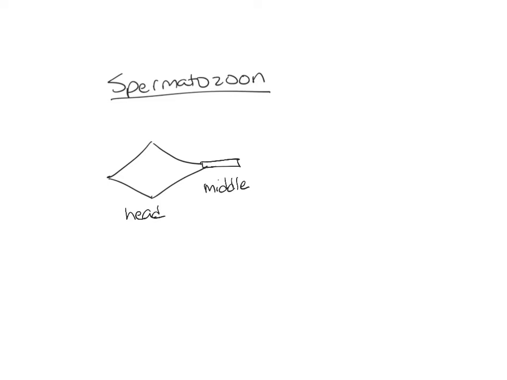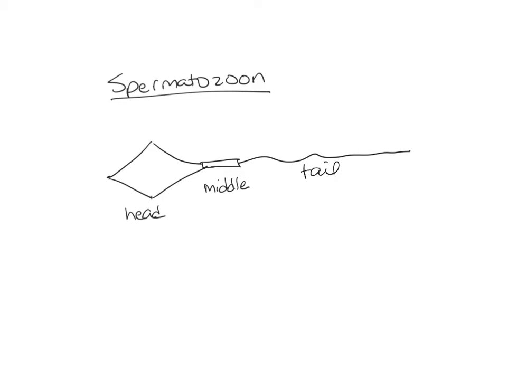So a spermatozoon, that's singular, that's a single sperm, whereas the spermatozoa, that's plural. So first we look at the anatomy of the sperm. The sperm has a head, then it has a middle portion, and then it has a tail.